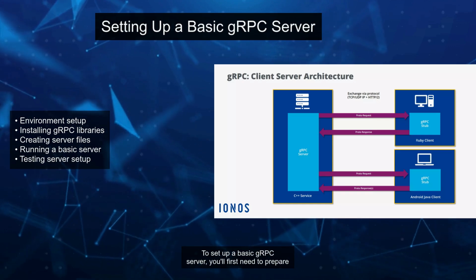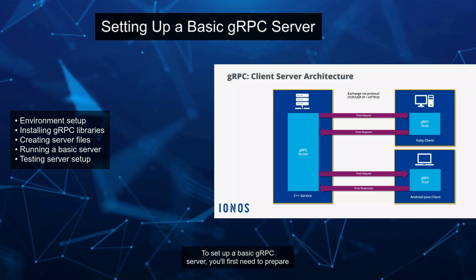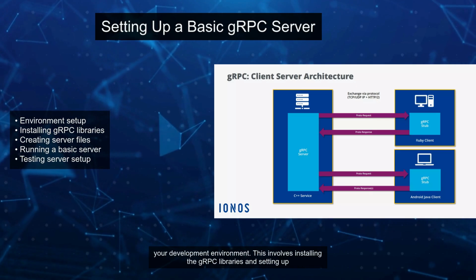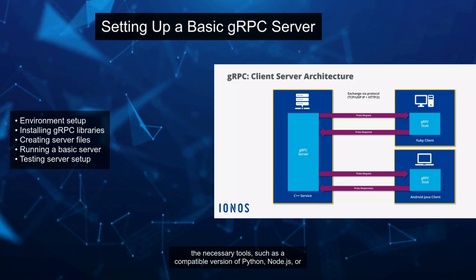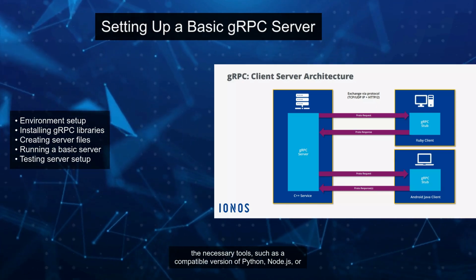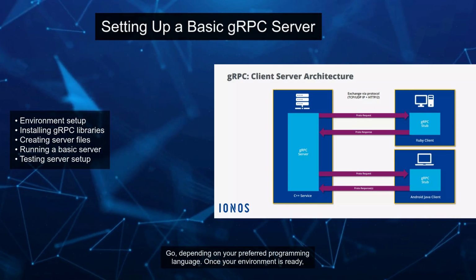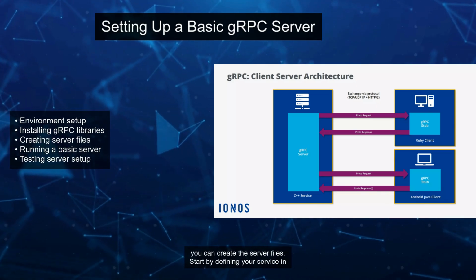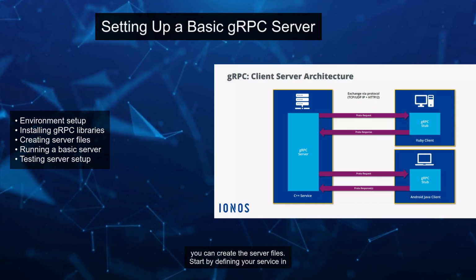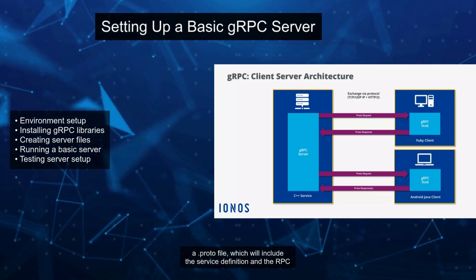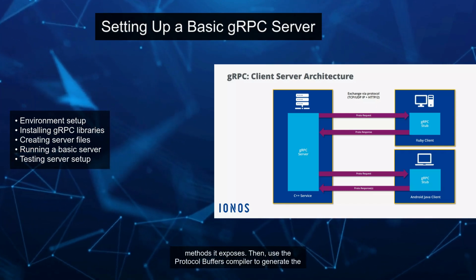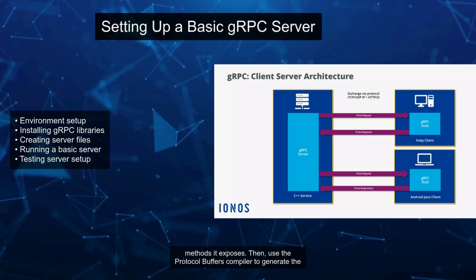To set up a basic gRPC server, you'll first need to prepare your development environment. This involves installing the gRPC libraries and setting up the necessary tools, such as a compatible version of Python, Node.js, or Go, depending on your preferred programming language. Once your environment is ready, you can create the server files. Start by defining your service in a proto file, which will include the service definition and the RPC methods it exposes.